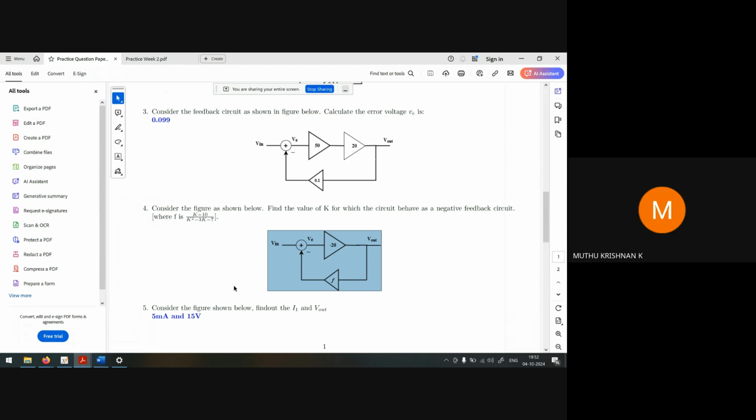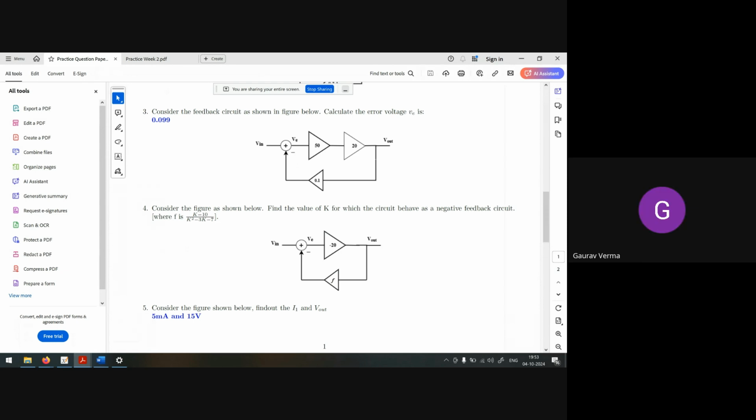So when k equals 6, it will be a negative feedback, right, sir? When k is equal to 6. Yeah, it is a negative feedback.